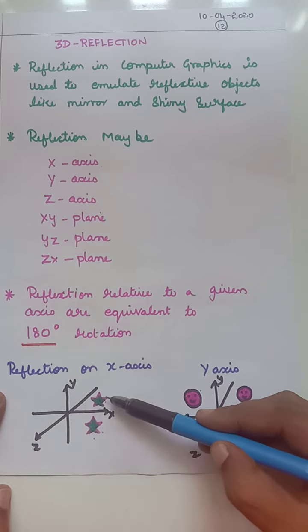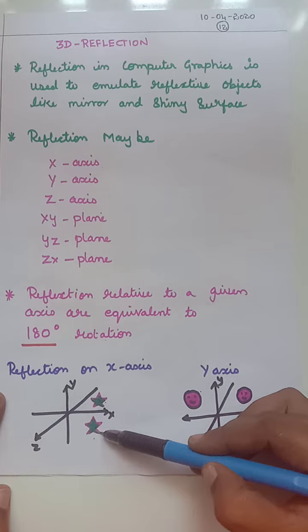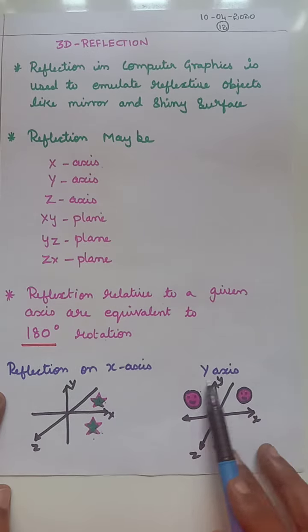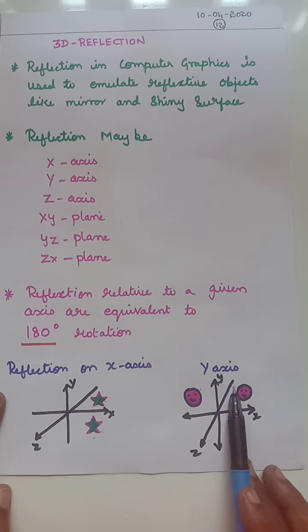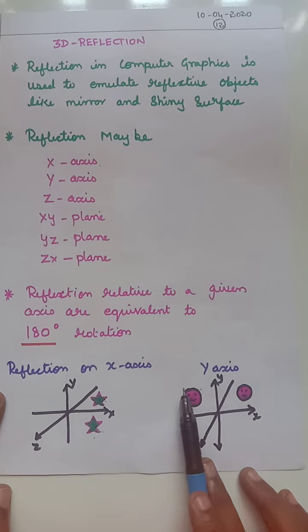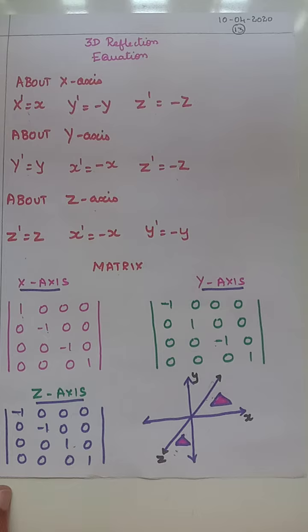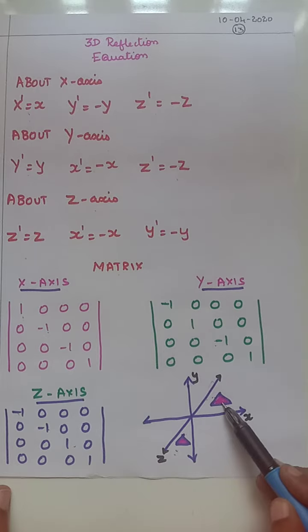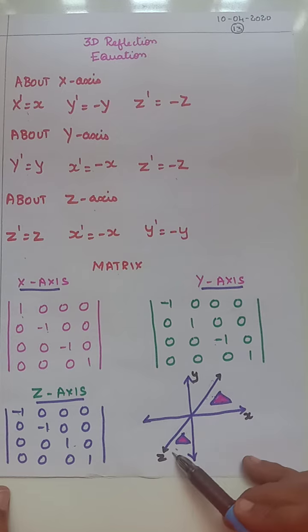For example, here it is the x-axis rotation which gets a 180 degree rotation, so 180 degree reflection is done over here. This is for the y-axis. The object in this case will be reflected 180 degrees. Similarly for the z-axis, here the object is getting reflected by 180 degrees. So this is the reflection here.